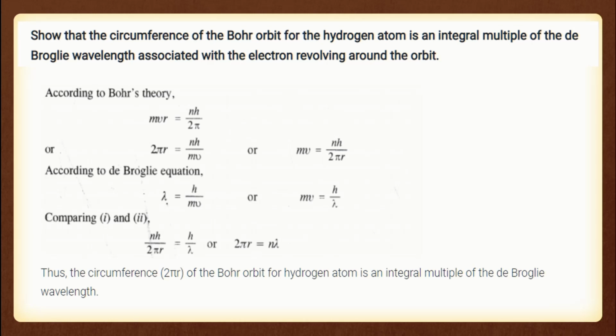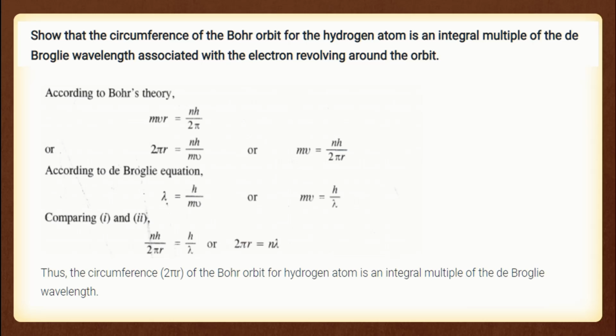Show that the circumference of the Bohr orbit for the hydrogen atom is an integral multiple of the de Broglie wavelength associated with the electron revolving around the orbit. According to Bohr's theory, mvr = nh/2π, or 2πr = nh/mv, or mv = nh/2πr.